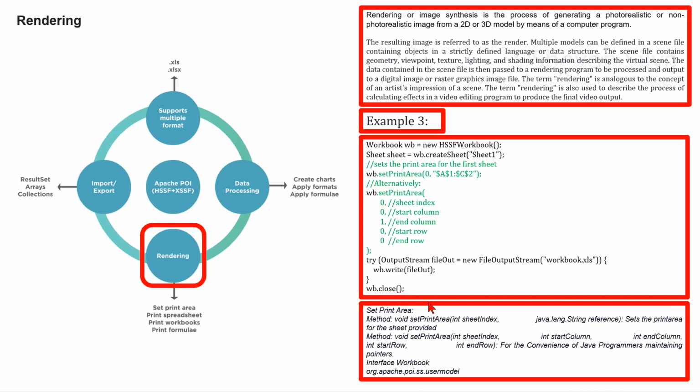Now we are considering setPrintArea. Here the method void setPrintArea(int sheetIndex, java.lang.String reference) sets the print area for the sheet provided.